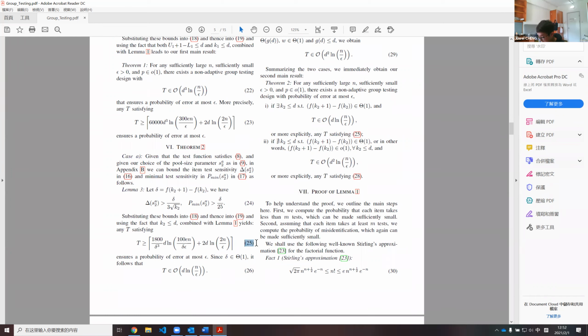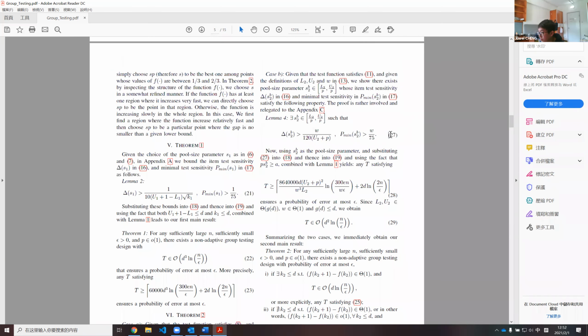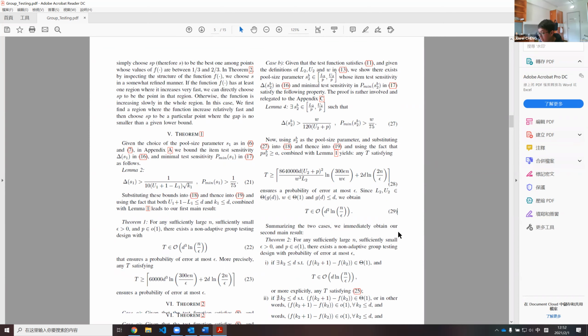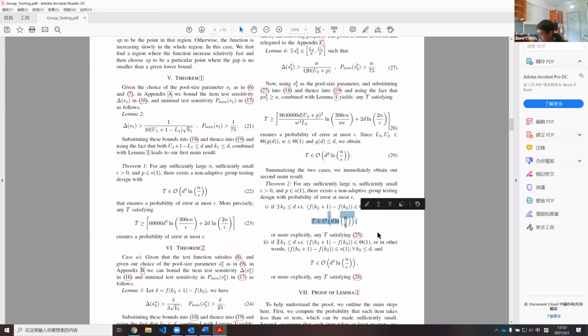And then we can bound t in this way, and t is in d log n. And for case 2, lemma 4 proves the existence of S2B satisfying these conditions. And then t should be like this, which is in d squared log n. Overall, t should be in d log n for case 1 and in d squared log n in case 2.